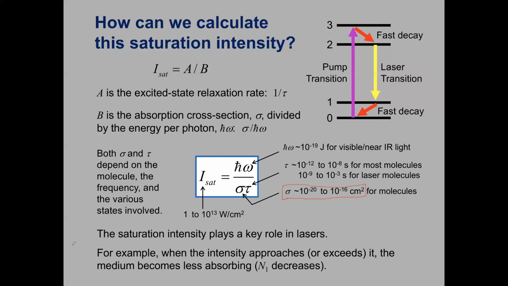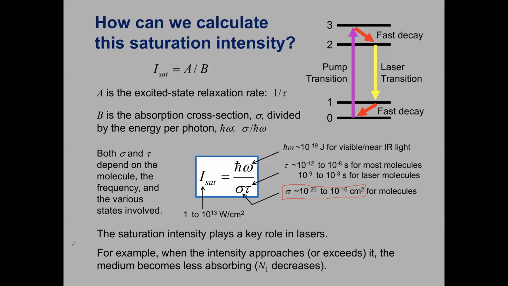If you remember, our laser has this outside pump light source that you're hitting it with to throw energy in. Below that, the material really likes to absorb the energy. As your pump intensity gets bigger than this, the medium becomes progressively less absorbing. So it's more or less a measure of how much your lasing material likes to absorb energy.